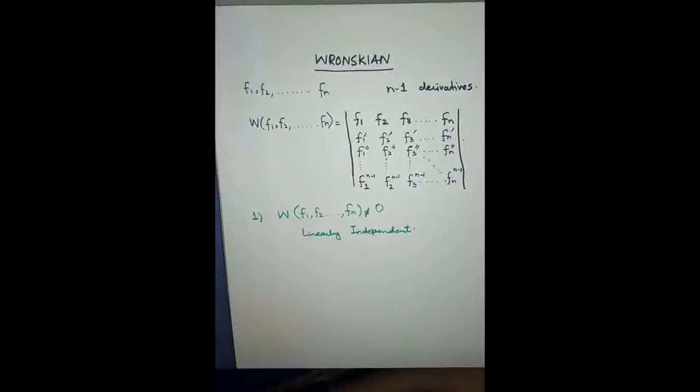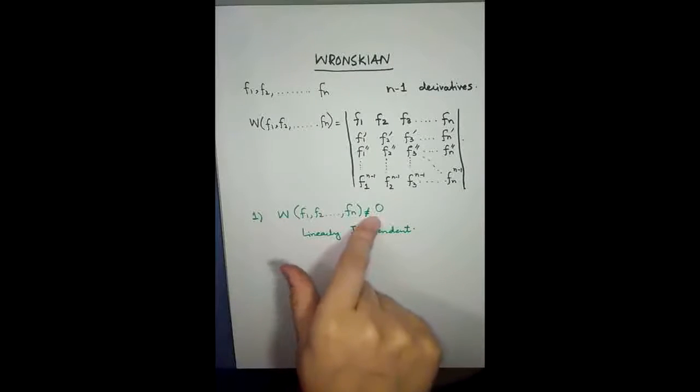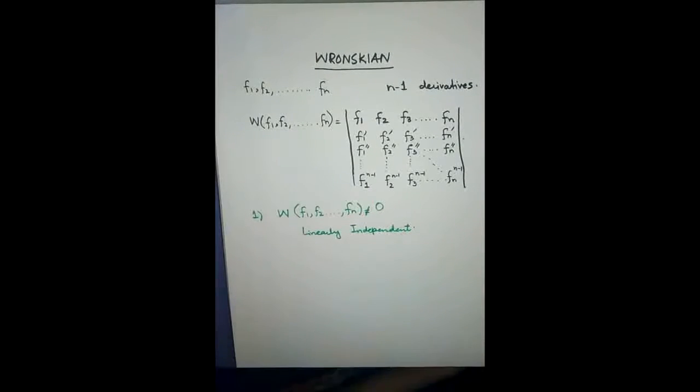So in the last technique, all the c's, all the constants must be equal to 0. Then we say that it is a linearly independent function. And if at least one c is not 0, then we say that it is linearly dependent. In Wronskian, if this determinant is non-zero, then we say that it is a linearly independent function.